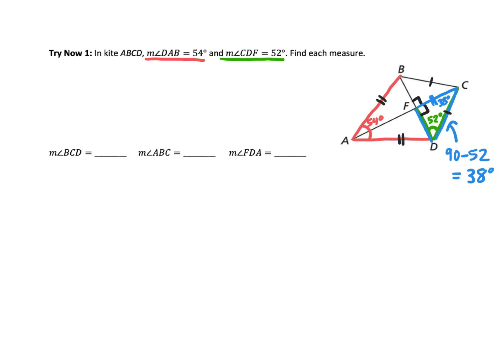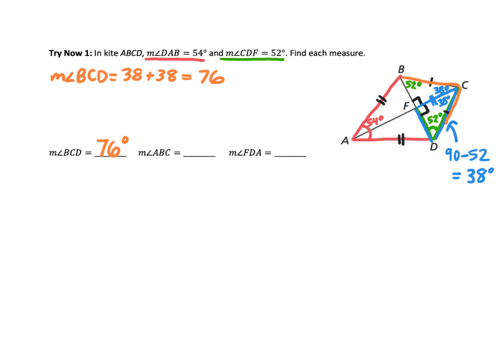So essentially the easiest way to do this is just to look and say, okay, well, if I mirror this, this angle here is 38 degrees, and then this angle here is 52 degrees. Well, now to get the measure of angle BCD, notice in the picture that the measure of angle BCD is just those two 38s put together. So 38 plus 38 makes 76.